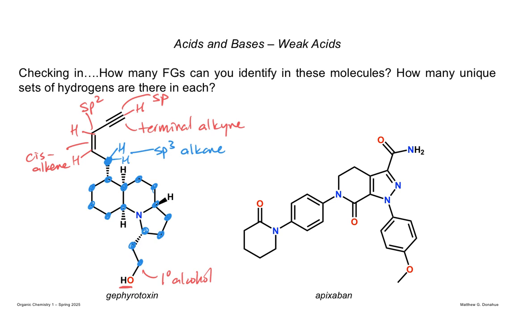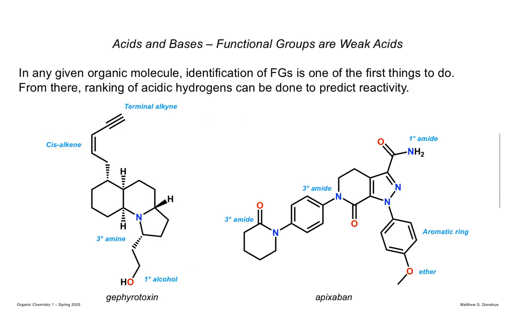And then you can do the same analysis for apixaban, just to refresh your memory on functional groups, hybridization, and those concepts. I've listed some of them for you there, but it's still helpful to understand what the names are, review the hybridization, classify them, methyl, methylene, methine, or quaternary.